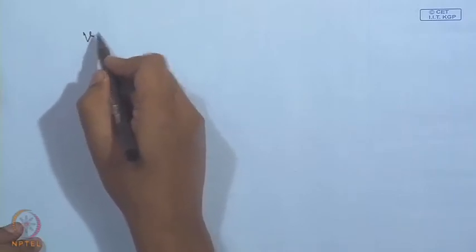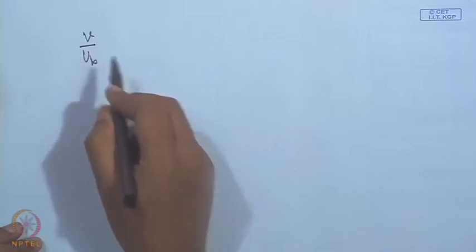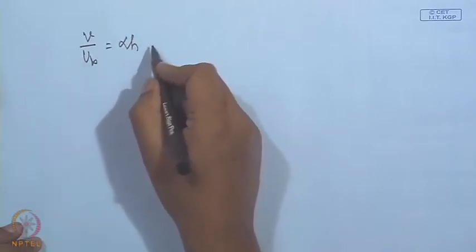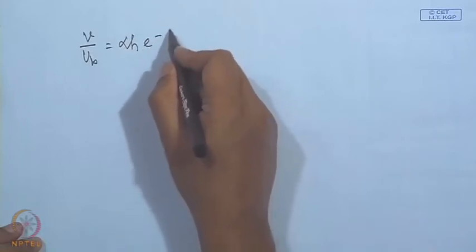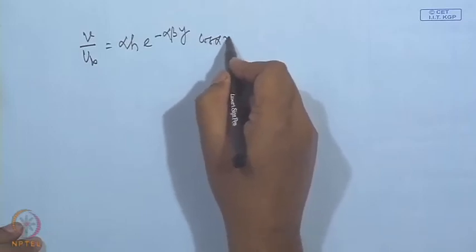Let us now consider the other component of free stream velocity, that is perturbation velocity v by u infinity, as alpha h e to the power minus alpha beta y cos alpha x.